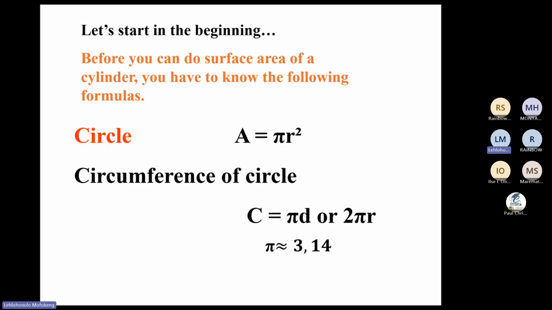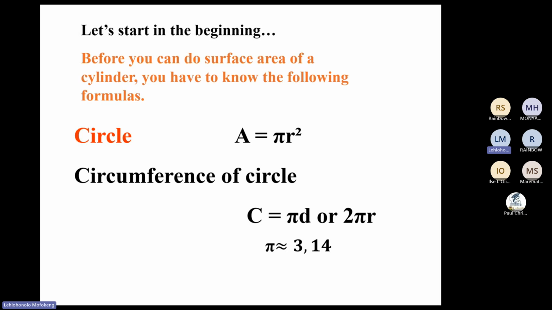The value of pi, we normally use as 3,14. This 3,14 is an approximate value of pi, because the value of pi is irrational. We cannot use all the decimal places, so we prefer to use up to a particular number of decimal places.